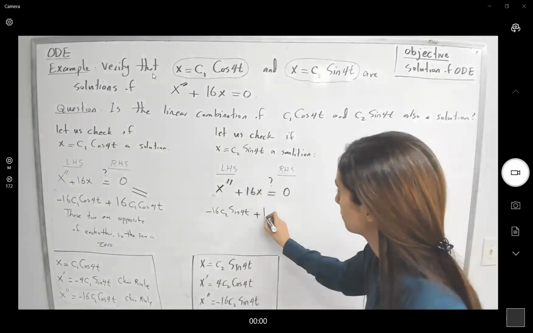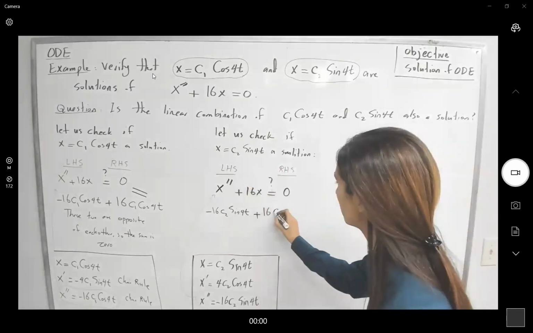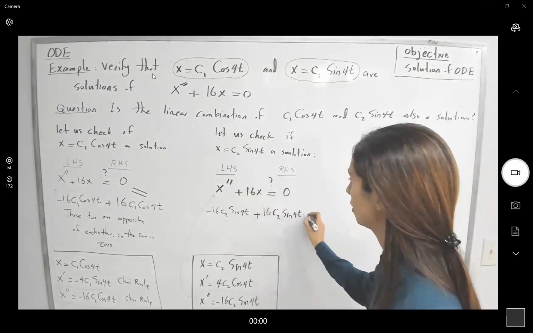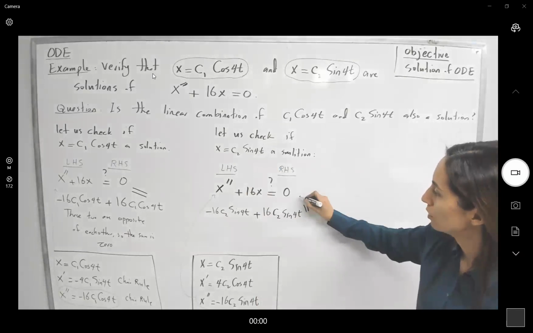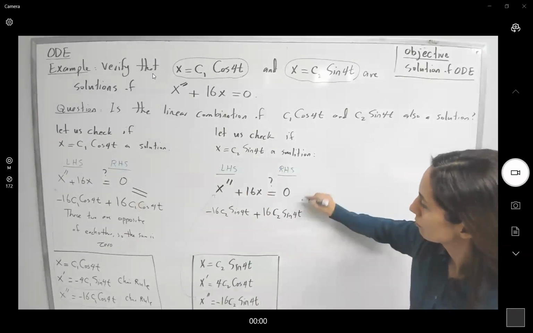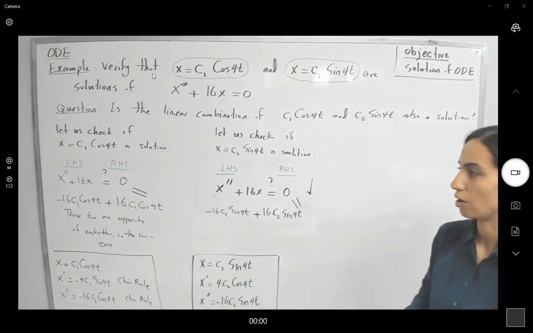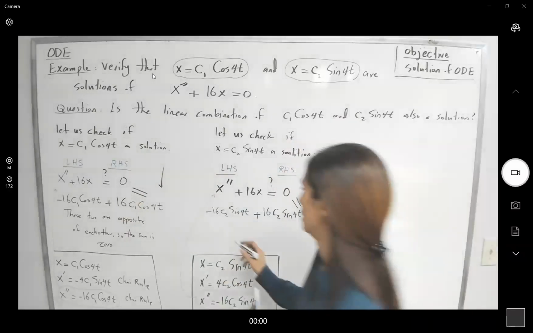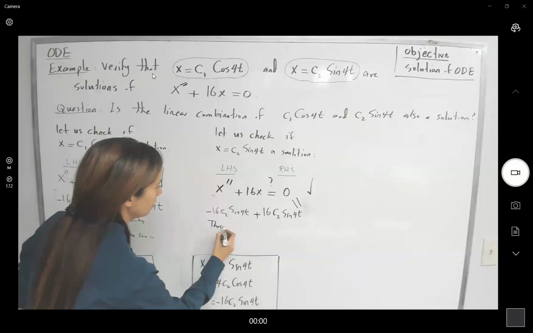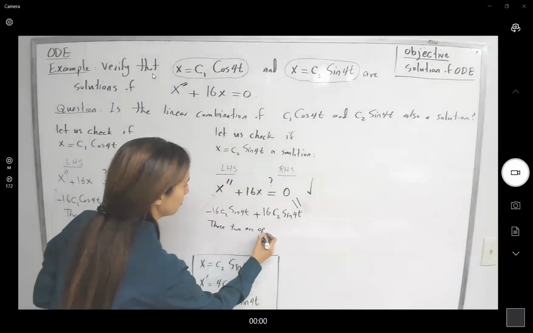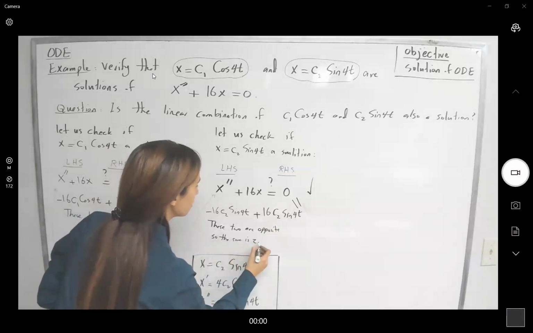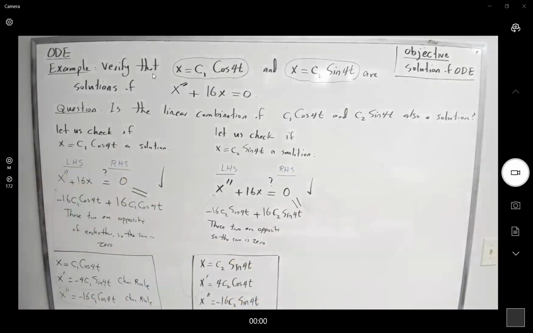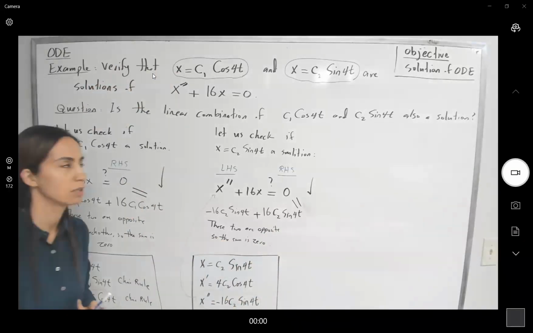But what is x? x is c2 sine of 4t. Obviously, these two are opposite of each other, so the sum is 0, and the left-hand side and right-hand side are equal to each other. So we just verified that these two are solutions for this differential equation.